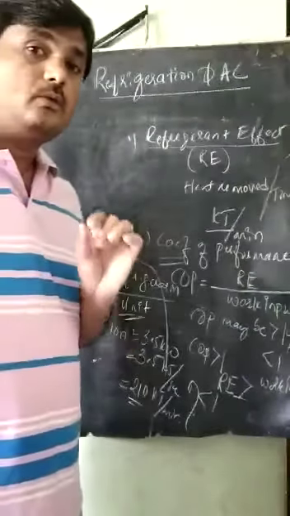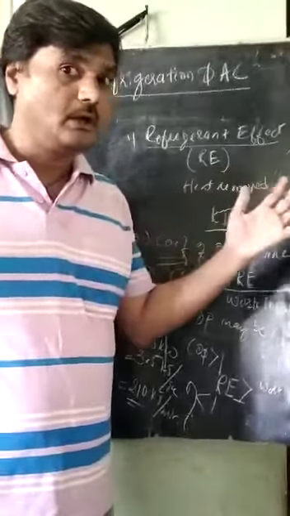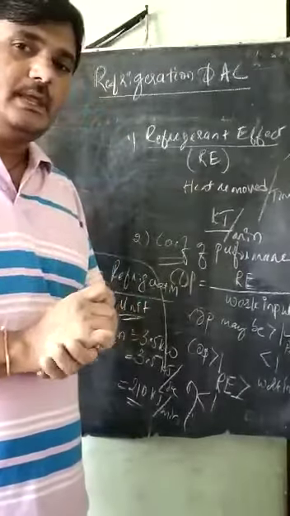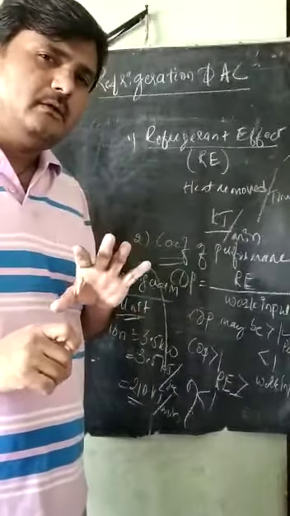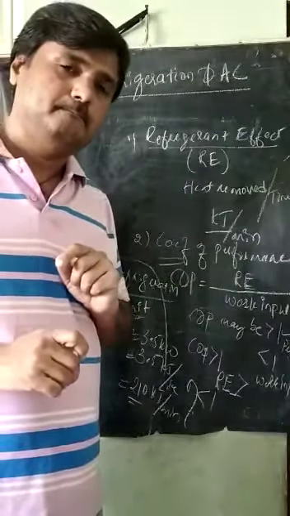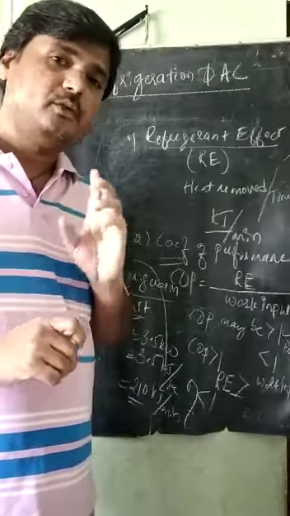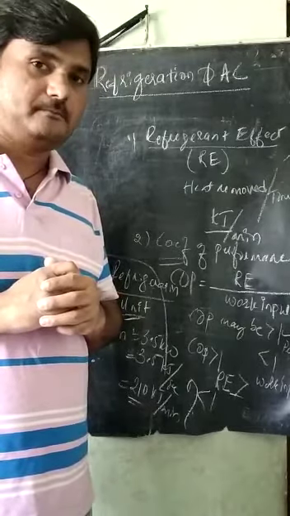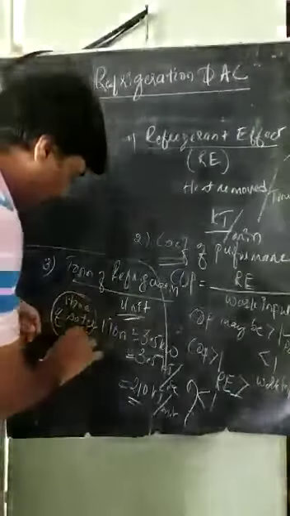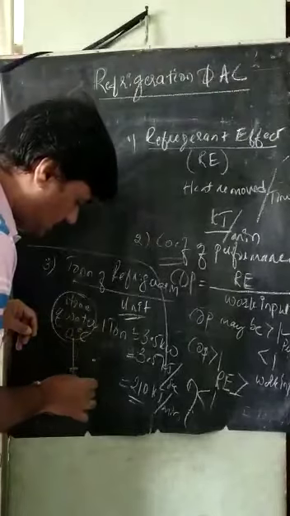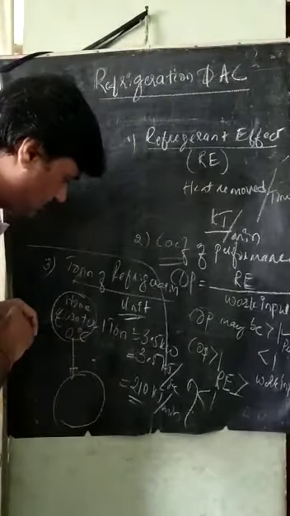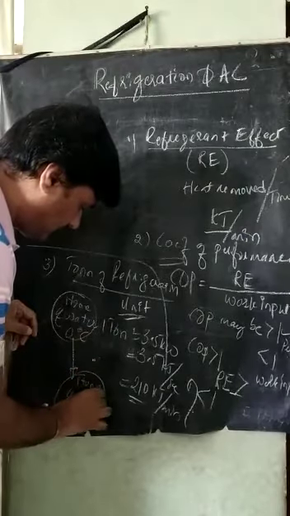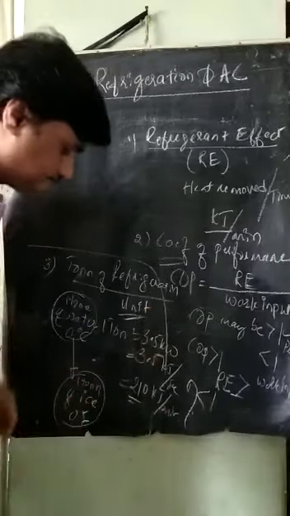If we want to make the same 1 ton of water, at the same 0 degree centigrade, into 1 ton of ice, our aim is to convert this 1 ton of water to 1 ton of ice at 0 degree centigrade only.